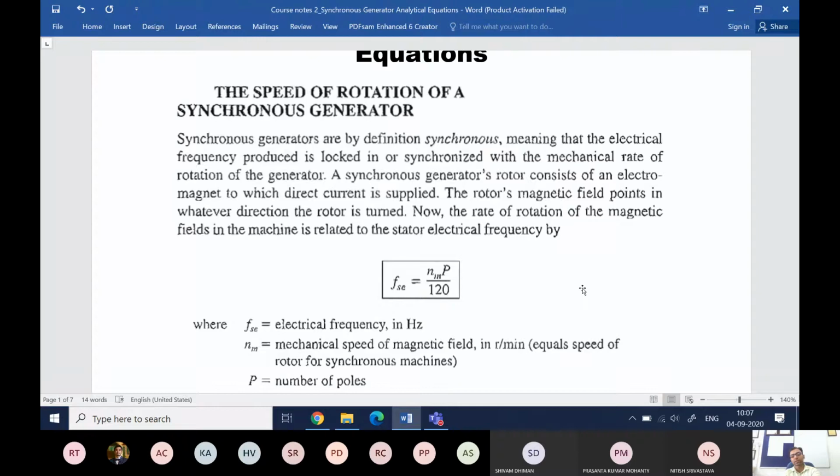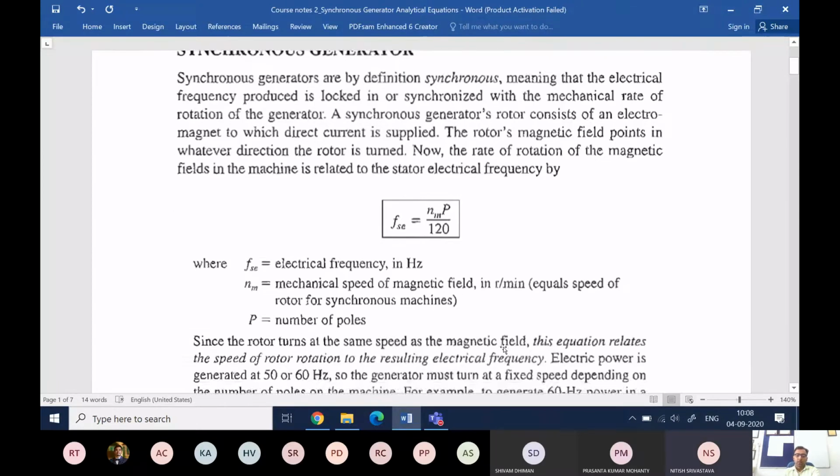If the rotor is stationary, then the field is also stationary because it's a DC field, and if you start rotating the rotor at a given speed, then the field also rotates at the same speed, being generated from a DC current. Okay, so this is there.